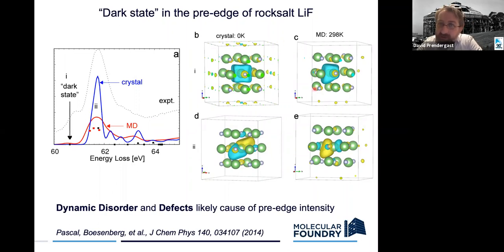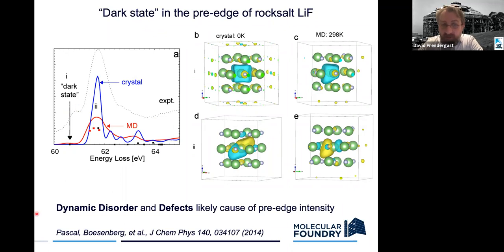But then if you run molecular dynamics, the local distortions around that site don't necessarily turn it into a P state, but the symmetry is not quite perfect. And so what was a very symmetric box that matched the cubic symmetry of the crystal is now more distorted. And you begin to see some weak intensity appear here. As you increase the temperature, this intensity grows and it begins to look more like the experiment.